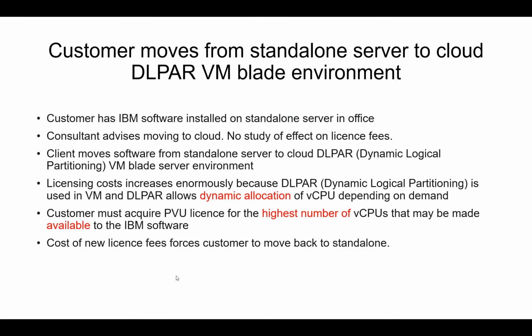So suddenly the customer found itself having to potentially acquire a very large number of PVU licenses, because under the dynamic partitioning, a huge amount of vCPUs were being made available. The client had absolutely no idea that this was going to happen. And in the end, the cost forced the client to move back to standalone. Some attempt was made to do some partitioning, but it didn't really work.